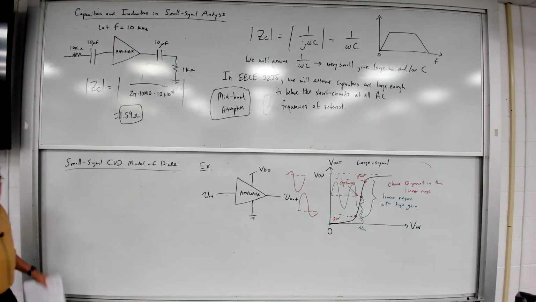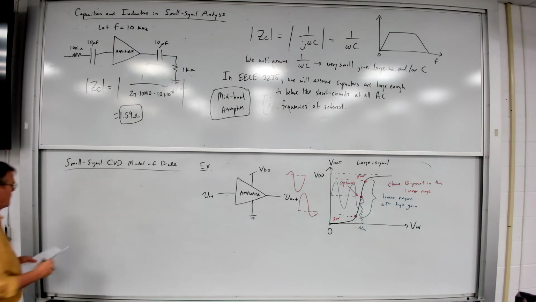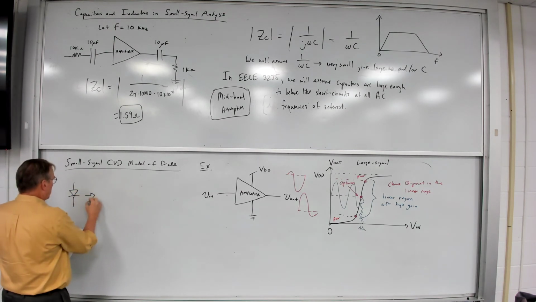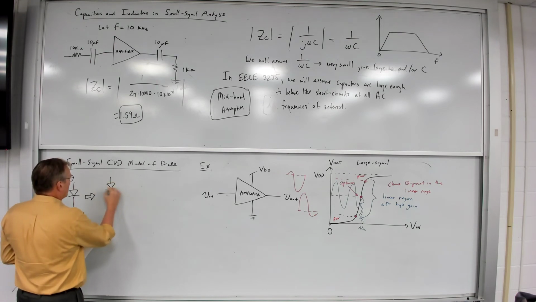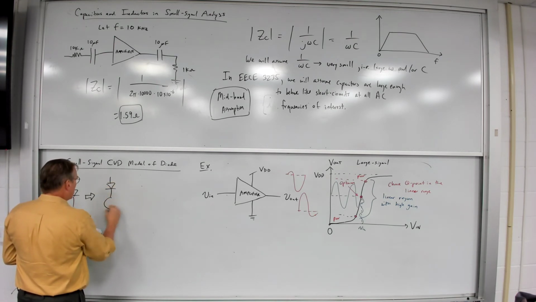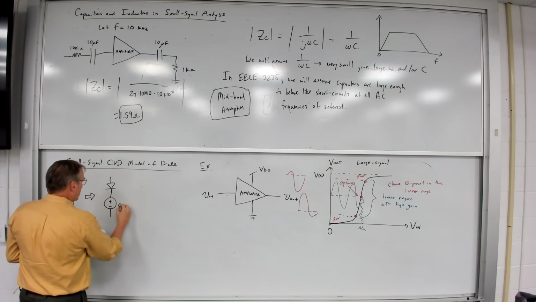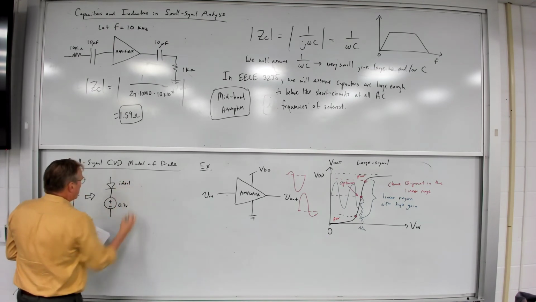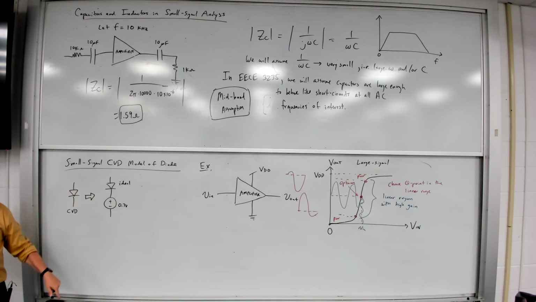What is our small signal constant voltage drop model of a diode? Well, we talked about the CVD model. The CVD model can be thought of as an ideal diode in series with a 0.7 volt DC offset.